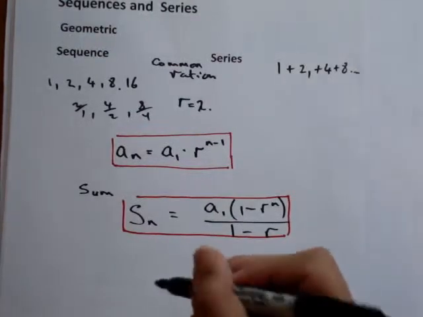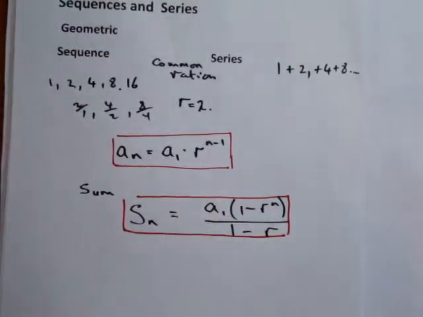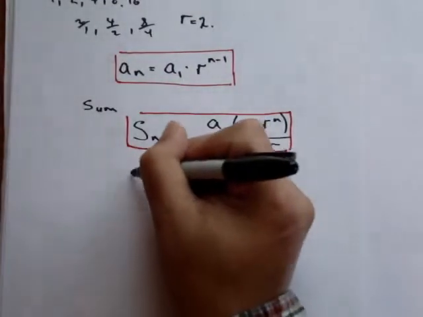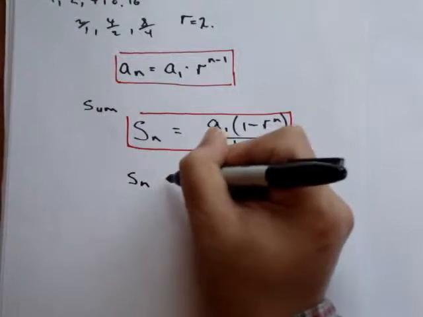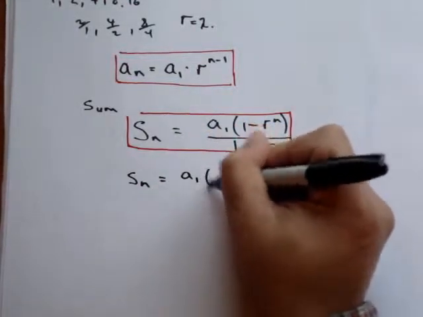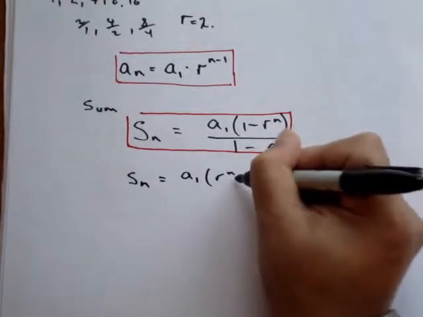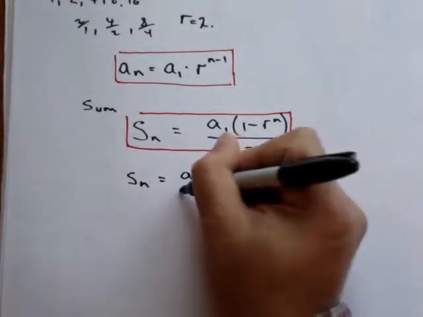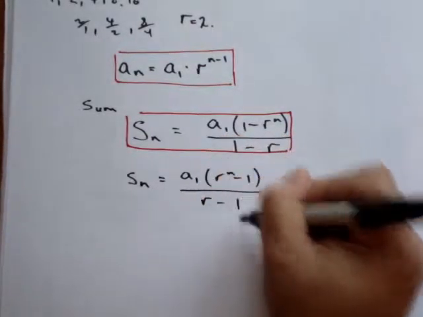This can also be written as S sub n, which is the sum, first term, times (r^n minus 1) over r minus 1.